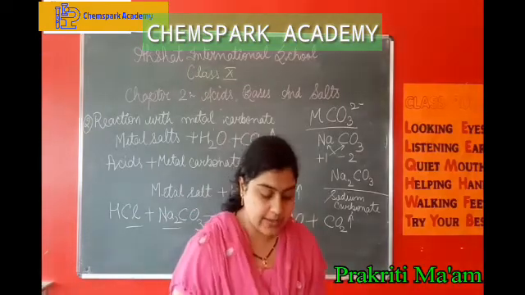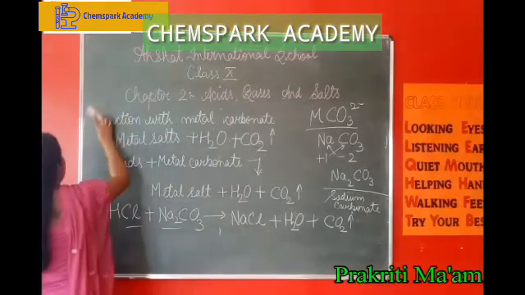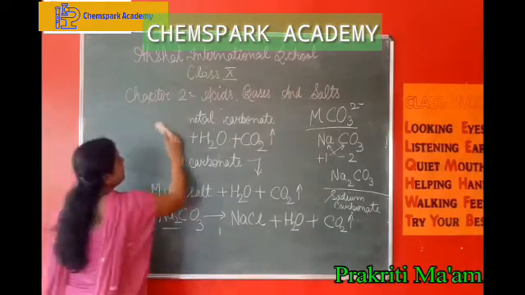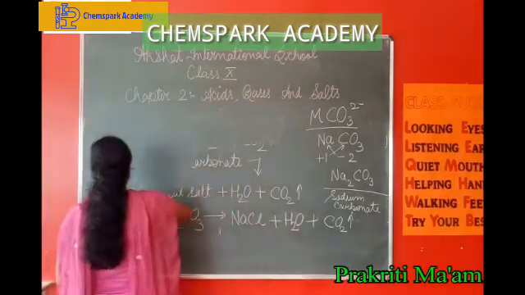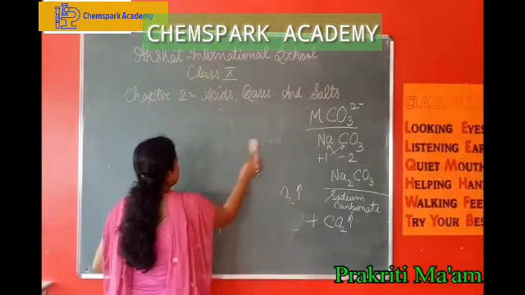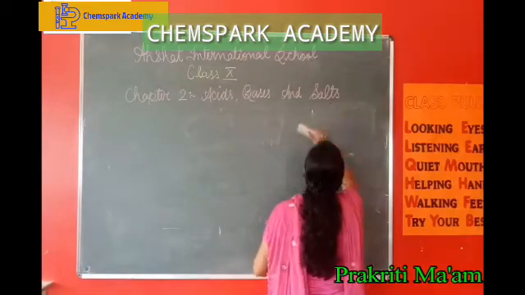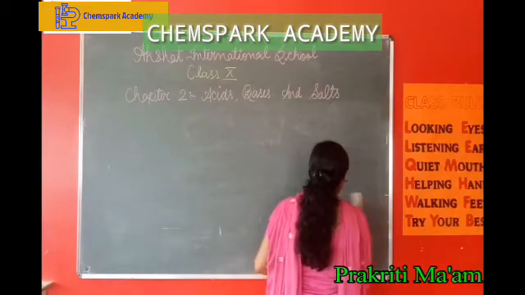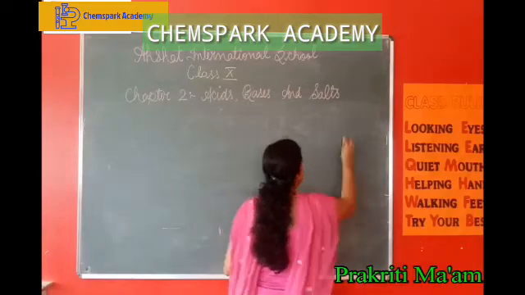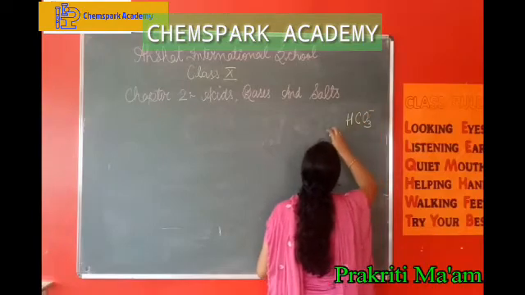Now let's just see another equation where, or the third property, where metal carbonates. Now we see metal bicarbonates. In class 9, you all must have learned a table for valencies, and there it is that bicarbonates have the general formula HCO3 minus.